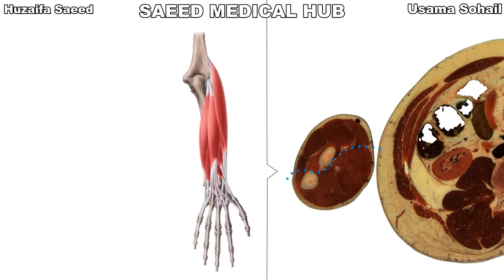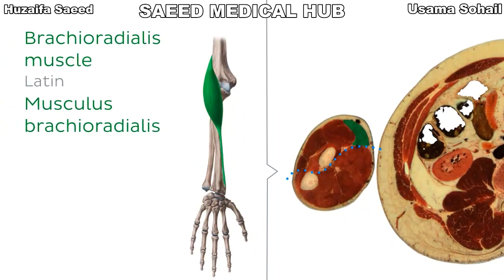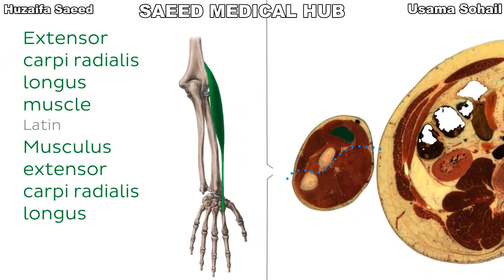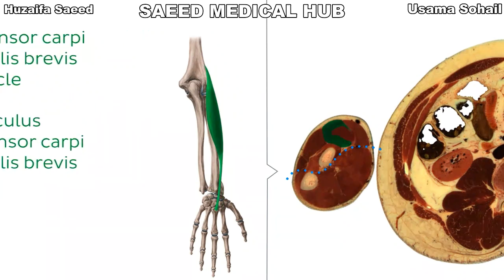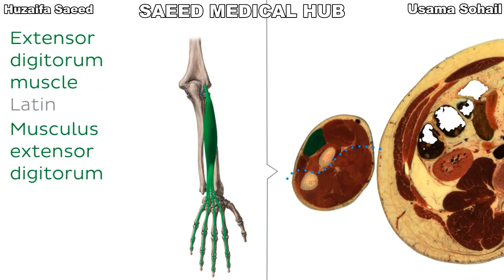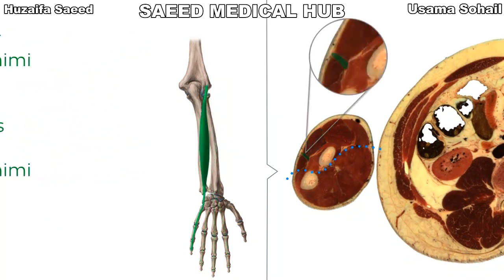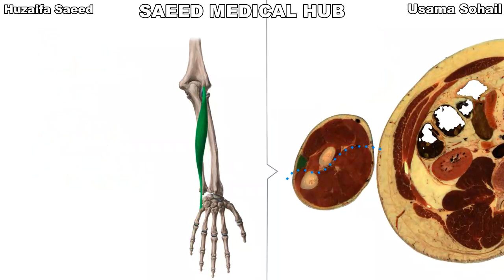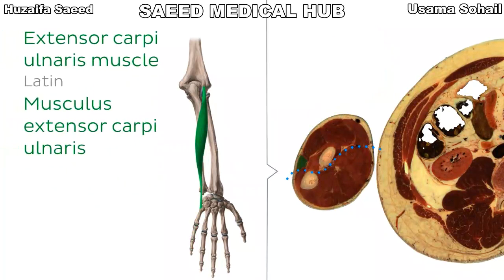So, working from radial to the ulnar aspects of the forearm, we firstly have the brachioradialis muscle, which is neighbored by the extensor carpi radialis longus muscle, and that muscle is then followed by the extensor carpi radialis brevis muscle. Next up, we have the extensor digitorum muscle, which is neighbored by the very slender extensor digiti minimi muscle. And finally, we come to the last of the superficial muscles, which is the extensor carpi ulnaris muscle.